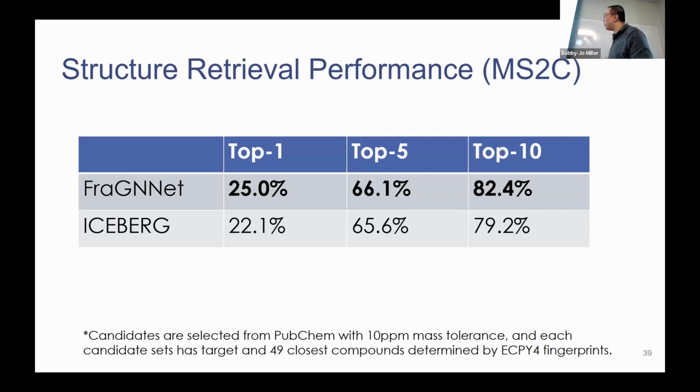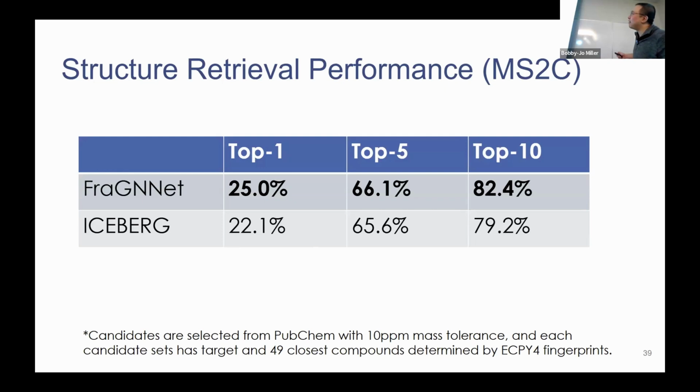To save time, this one is conducted using 49 structurally close candidates determined by ECFP fingerprints. That's just a way of measuring whether two molecular structures are close enough. It's not perfect, but that's a common method in bioinformatics.